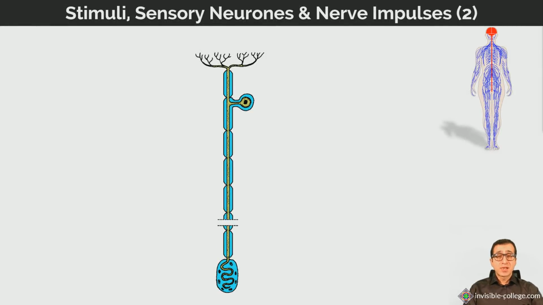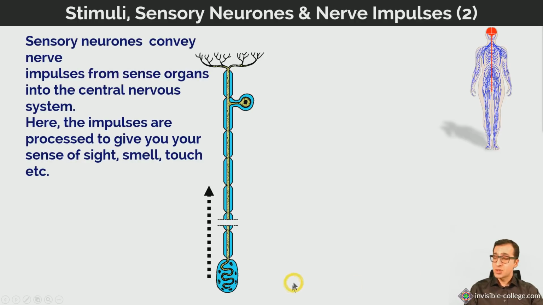Now, sensory neurons, again, convey nerve impulses from sense organs generally, and so the impulses are processed to give us our sensations, things like our perception of sight, smell, touch, taste, etc. And so you generally will have a sensory region within the neuron which is responsive to some kind of stimulus, whether it's touch or some chemical receptor in the tongue or in the nose, or photoreceptors in the eye.